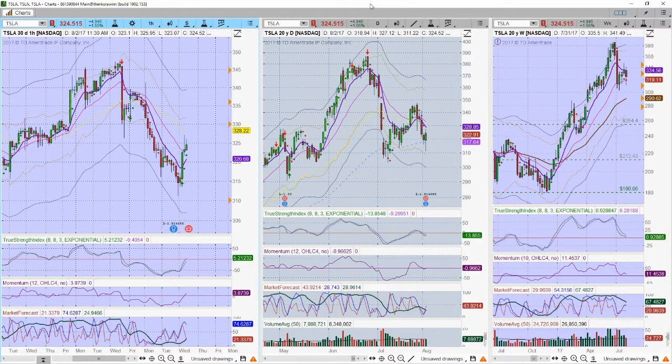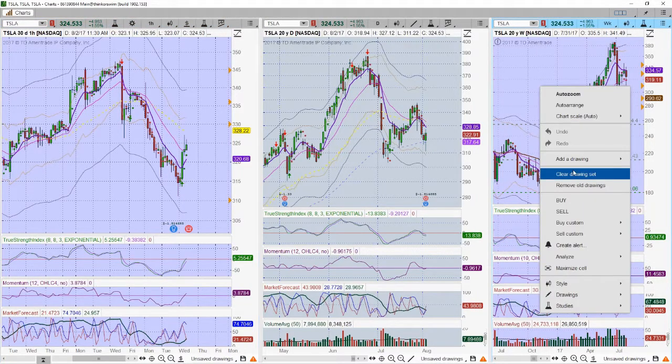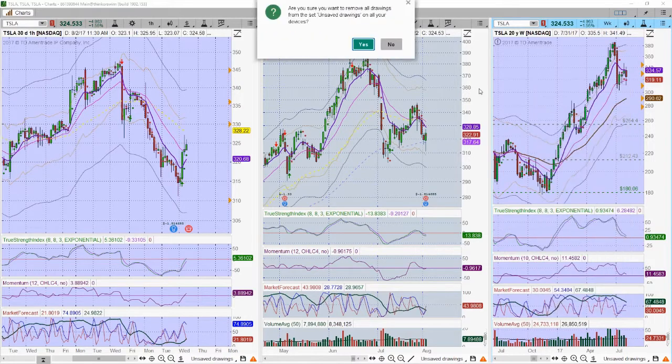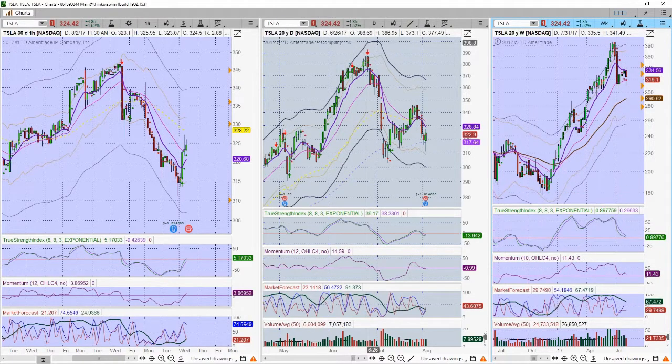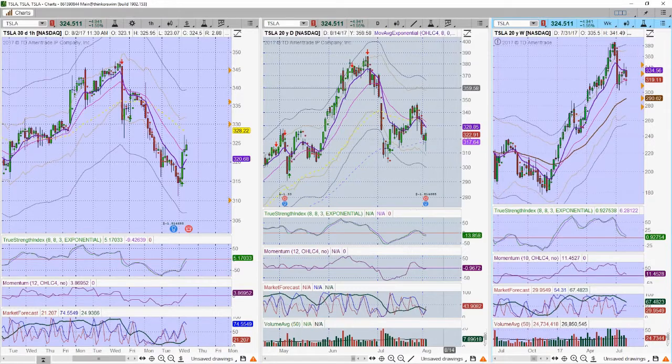And so as I take a look at this, I can either start over here on the left and work my way across to the right, or I'm going to get rid of all these past drawings because I don't want to get any confusion there. There we go. So all the drawings are now off, and as you can see, Tesla's getting ready to have earnings after market today.